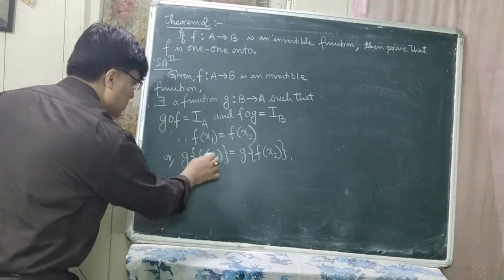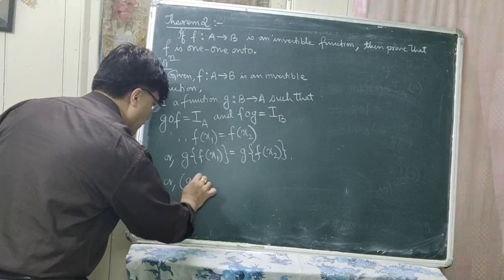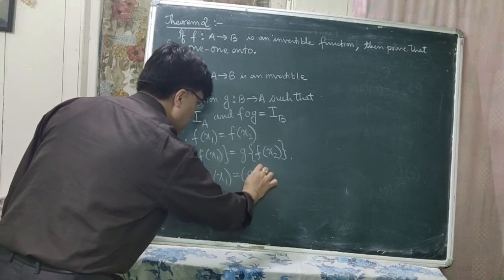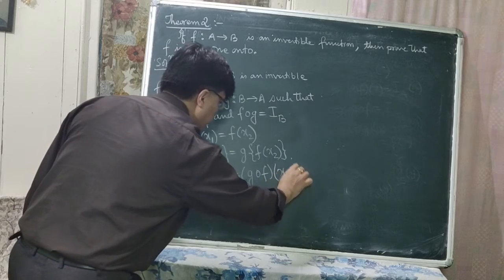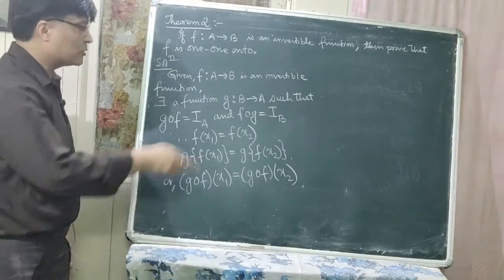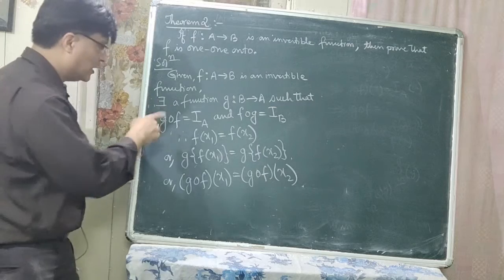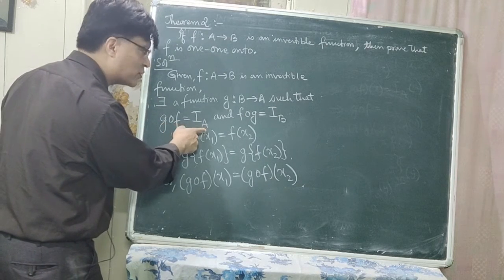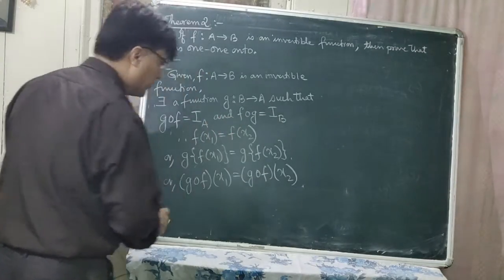So you can write it in terms of GOF, that is GOF of x1 is equal to GOF of x2. Now since f is invertible function, here GOF is equal to IA, that is your identity function. Fog is also identity function.